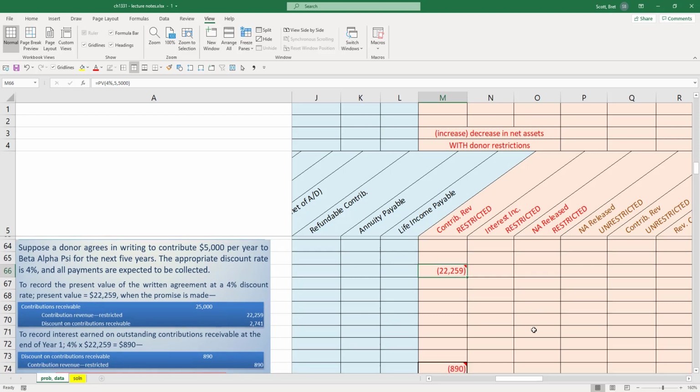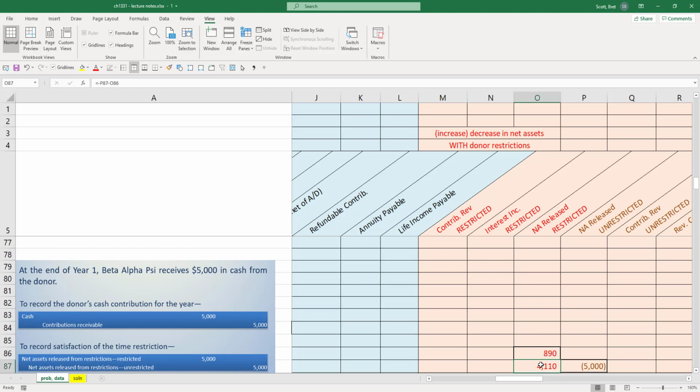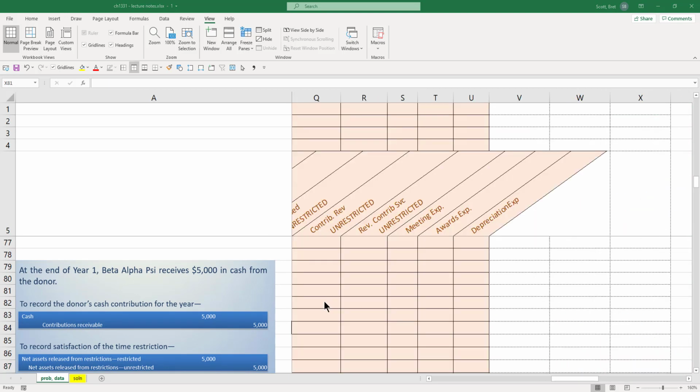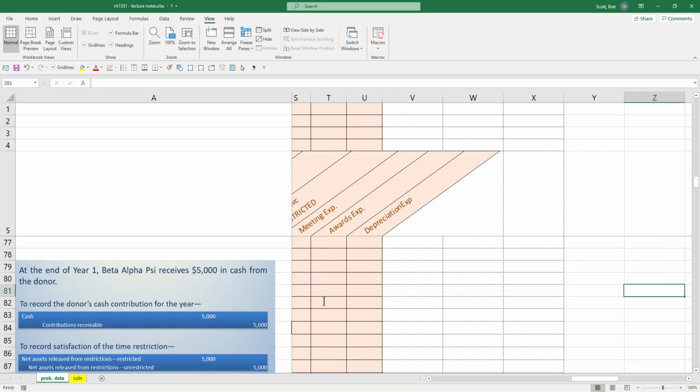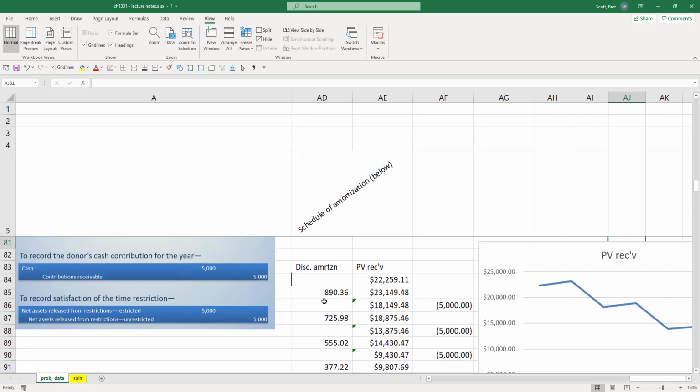And if you're still iffy about present value future calculations, I want to offer you to go over to the far right-hand side here. Go over to the far right side for me to explain what's going on in this case. $22,259.11. That's the amount that we initially record as a present value of these future cash flows.